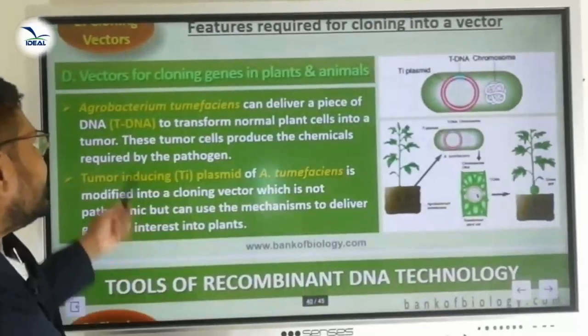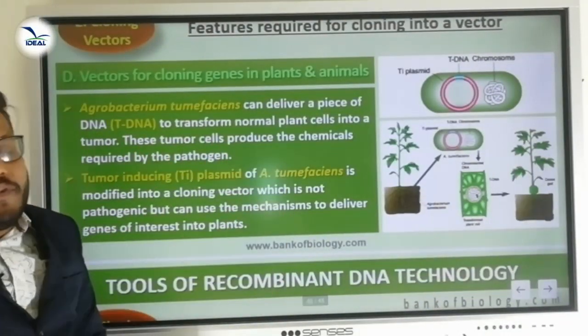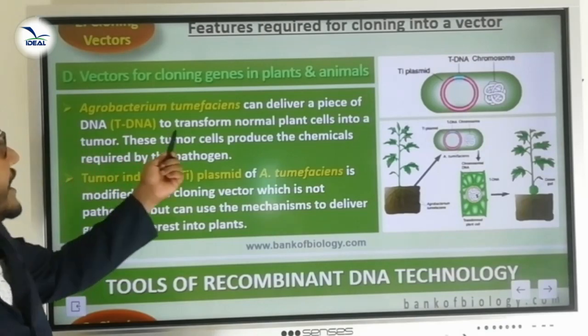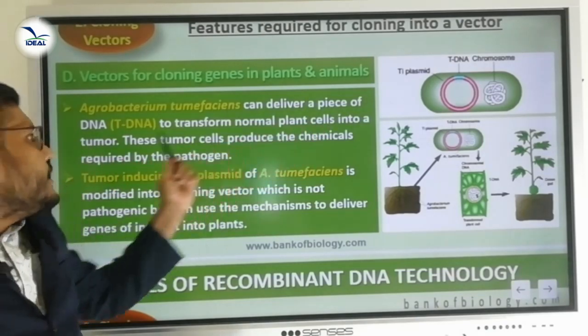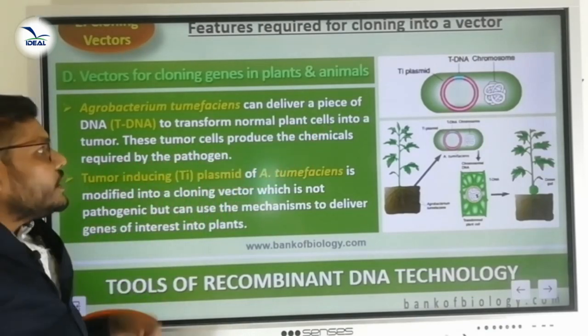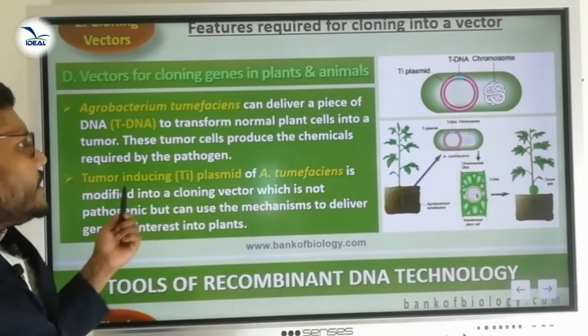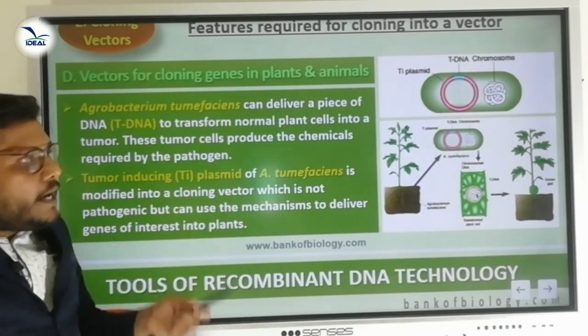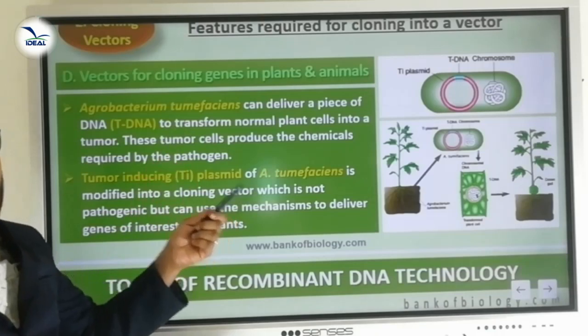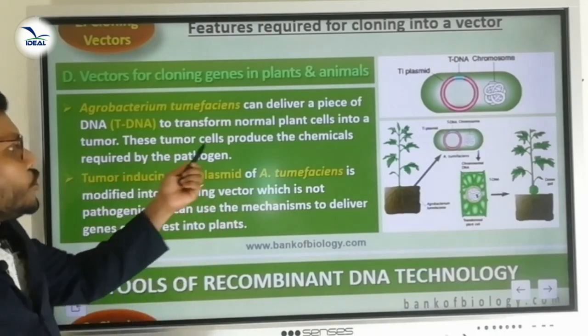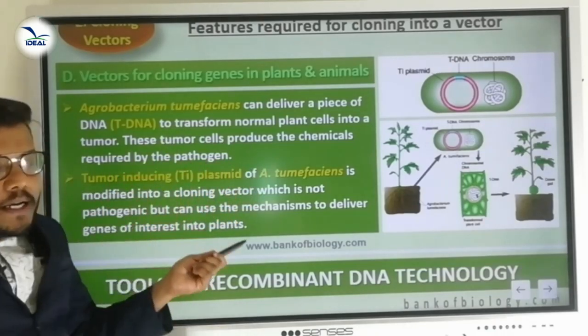In plants, Agrobacterium tumefaciens can deliver a piece of DNA to transform a normal plant cell into a tumor. If you introduce this particular Ti plasmid to a normal plant, what will happen? That normal plant becomes a tumor plant. These tumor cells produce the chemicals required by the pathogen.